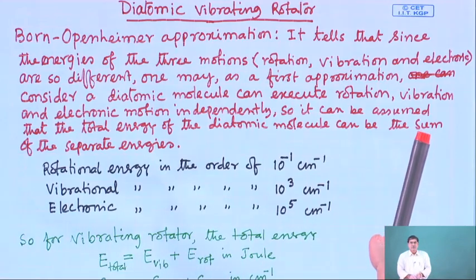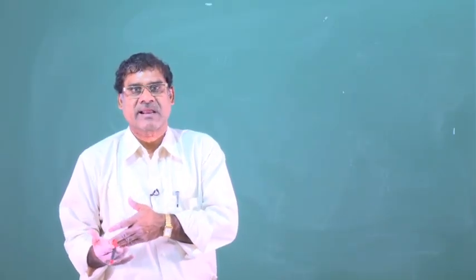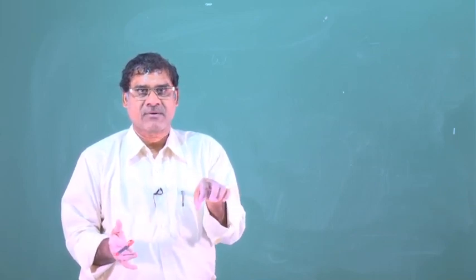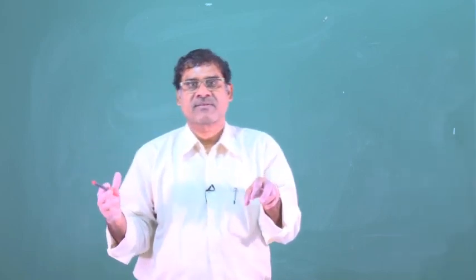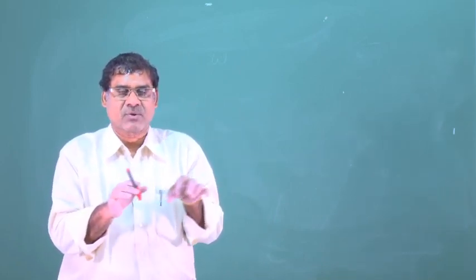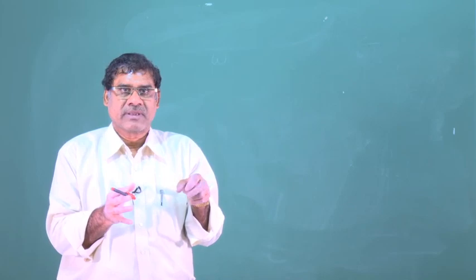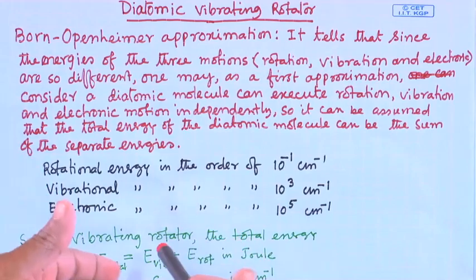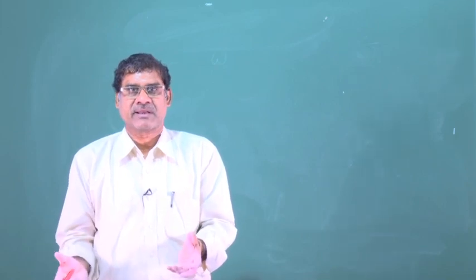Independently means as if there is no interaction among them. Whatever I told, that one has to consider an interaction term, then things will be slightly complicated. But since the order of the energy for rotation, for vibration, and for electronic motion are so separate, so different, the Born-Oppenheimer approximation tells that the total energy we can take as just the sum of these two or three individual energies.